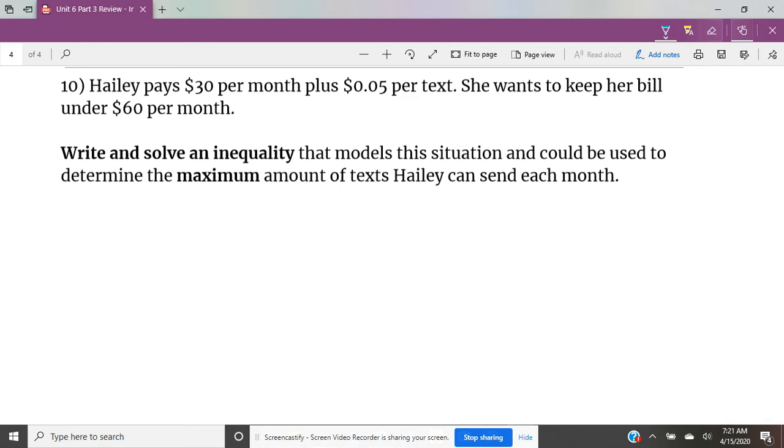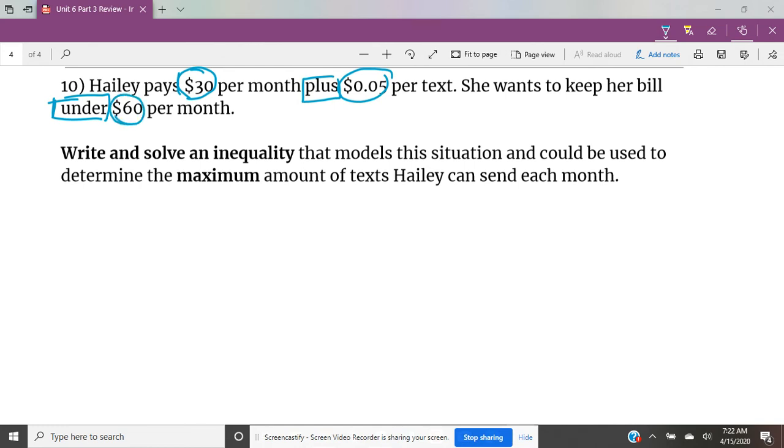Haley pays $30 per month plus, that's an action word, 5 cents per text. She wants to keep her bill under $60 per month.